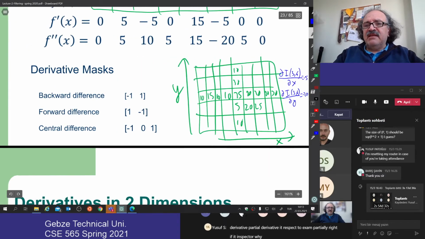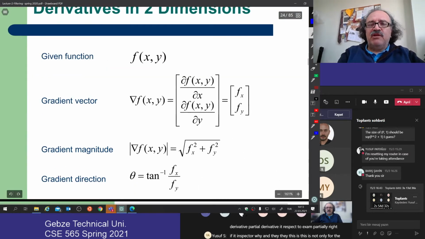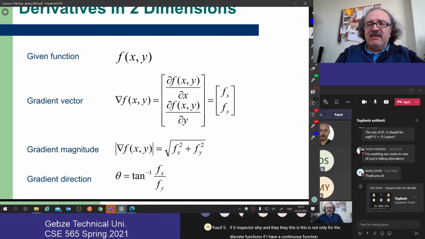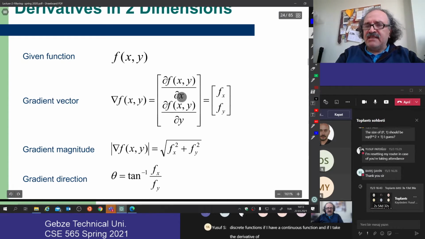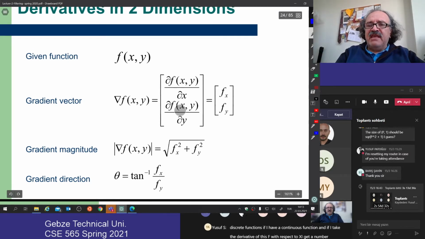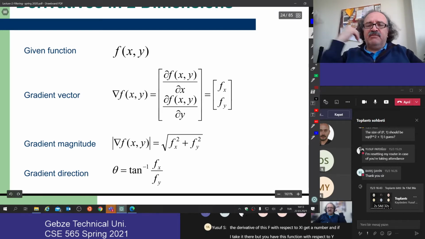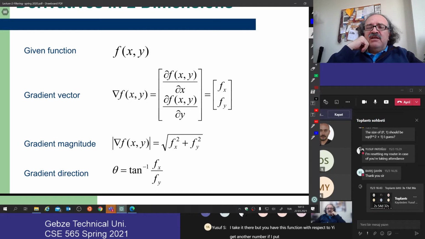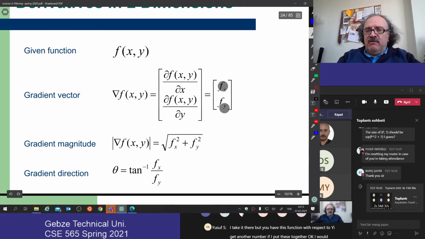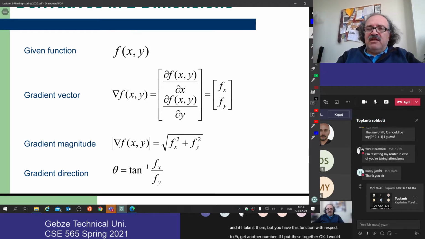And this is not only for discrete functions. If I have a continuous function, and if I take the derivative of this f with respect to x, I get a number. And if I take a derivative of this function with respect to y, I get another number. If I put these together, I would get a two-element vector now.